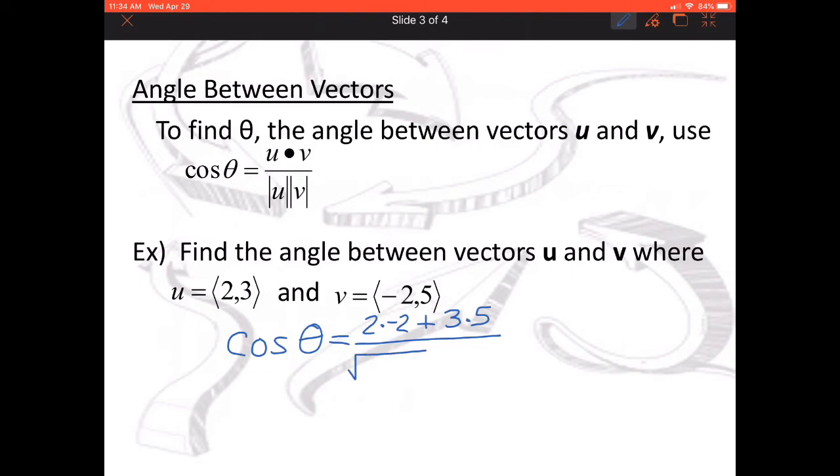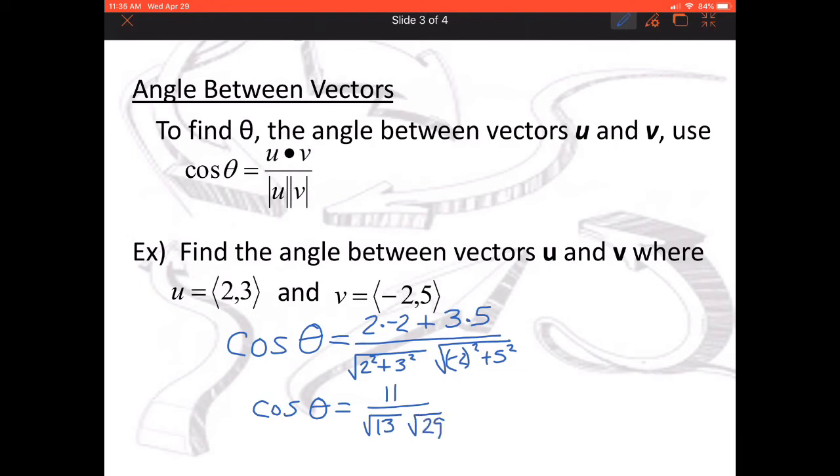So the magnitude of the first vector is 2 squared plus 3 squared, and the magnitude of vector V is negative 2 squared plus 5 squared. All right, so let's see. We come up with the cosine of theta equals, if we do the top, 11 over the square root of 13 times the square root of 29.